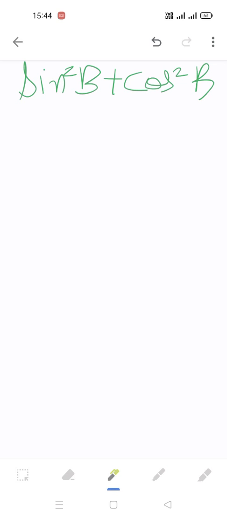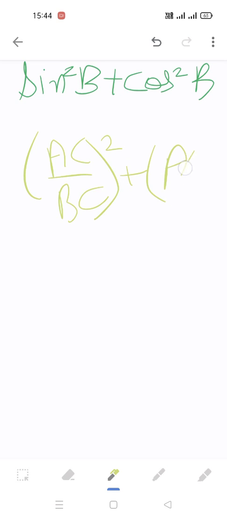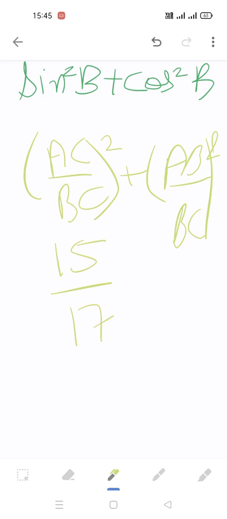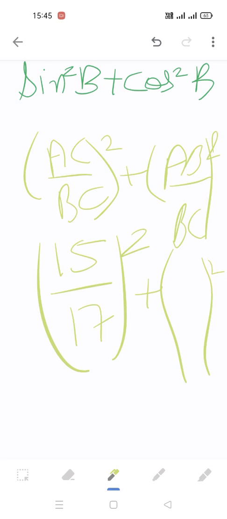Open that: AC upon BC whole square plus AB upon BC whole square. Now AC is 15 and BC is 17, plus AB is 8 and BC is 17, so 8 upon 17 whole square.